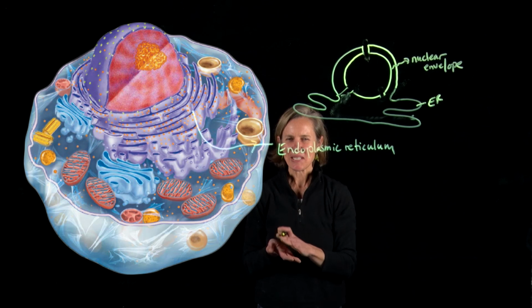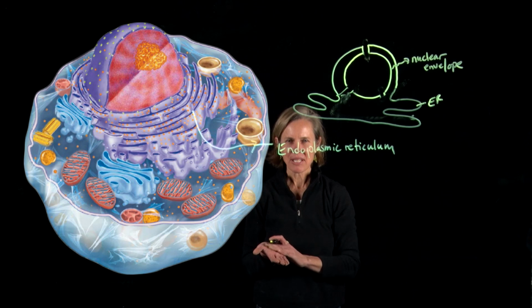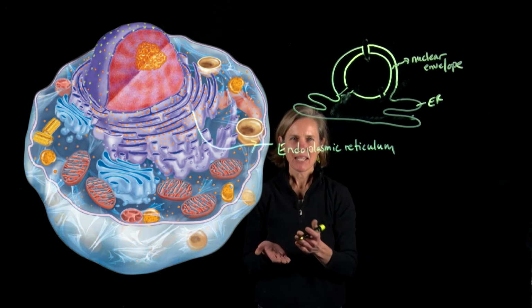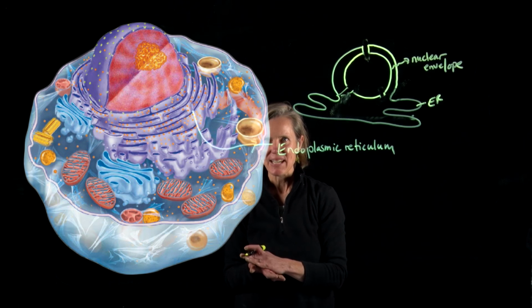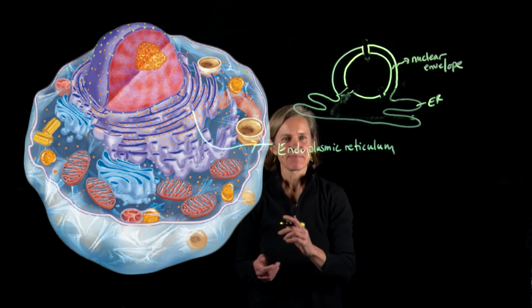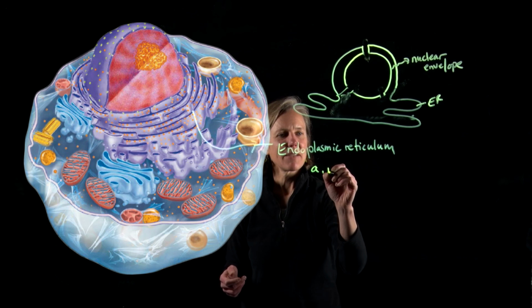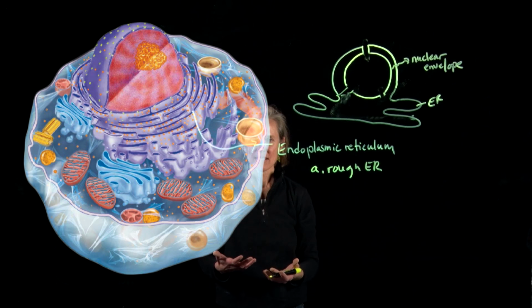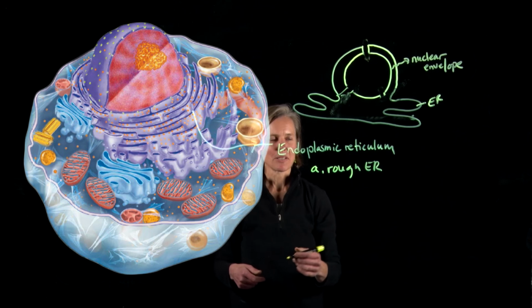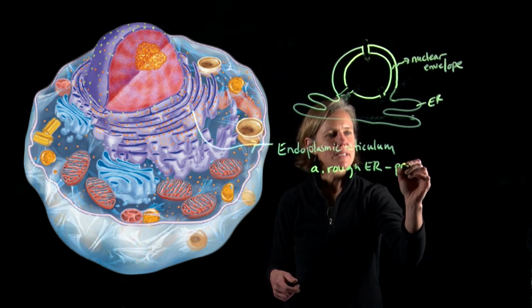I think of it sort of like sandpaper and that grit that's on the surface of the sandpaper. And so the presence of those ribosomes accounts for what's called the rough ER. So we have rough ER. Ribosomes are the site of protein synthesis. So the rough ER is an important site of protein synthesis.